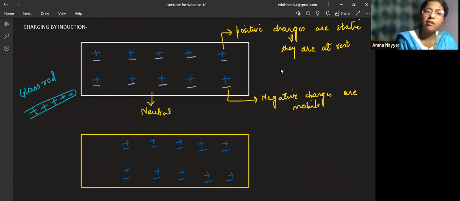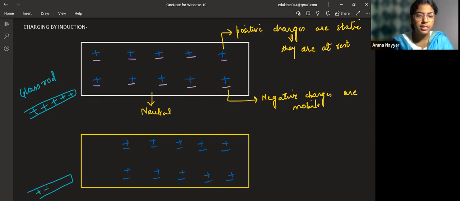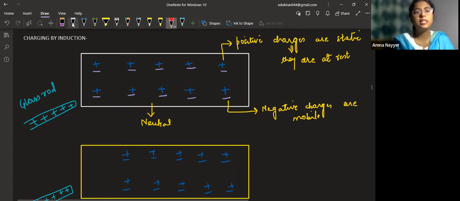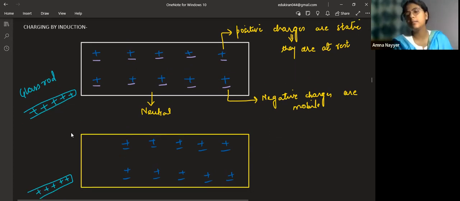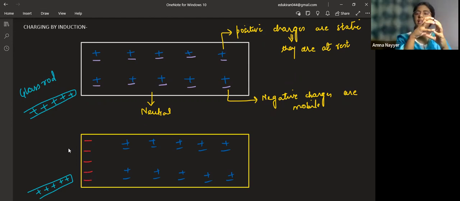Now see, suppose I have brought a glass rod, and you know how to make it positive using a silk cloth. Now, if I take this glass rod near this neutral body, what will it do? This rod has all the positive charges, and I have brought it a little into the vicinity of this neutral body. All the negative charges slowly get attracted towards one end, right?